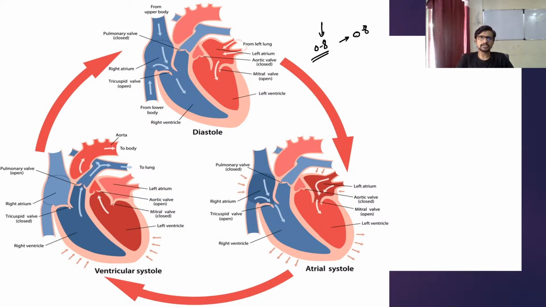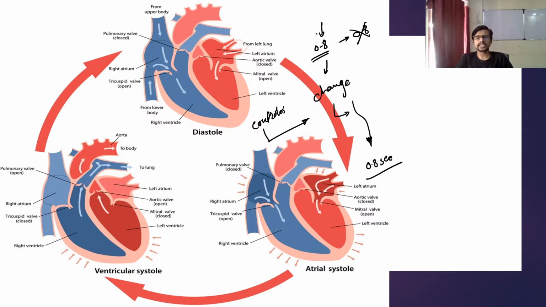It is now changed, and this change always has symptoms or consequences on our body, but we have different types of controls, okay, so these controls start making the normal conditions, and after some time you can see the heartbeat is again 0.8 second, not less or more than 0.8 second. If you see here it is either more or less than 0.8 second.